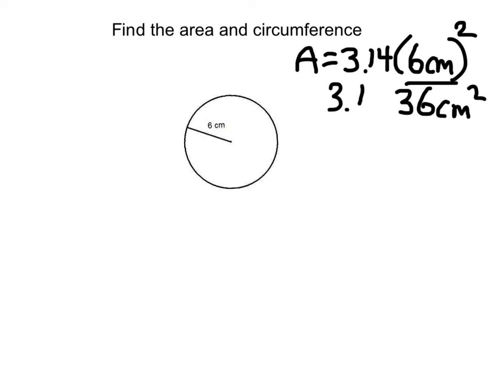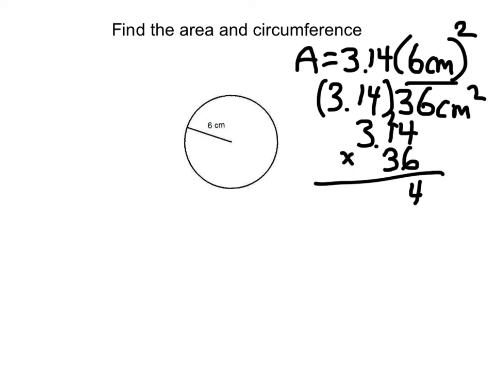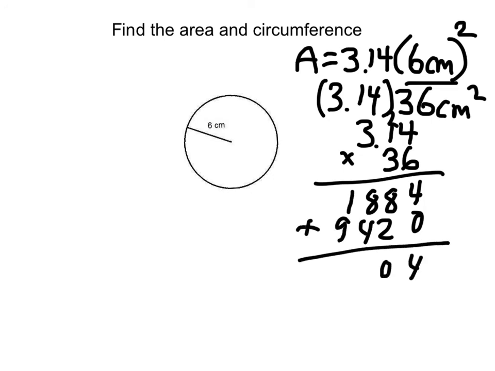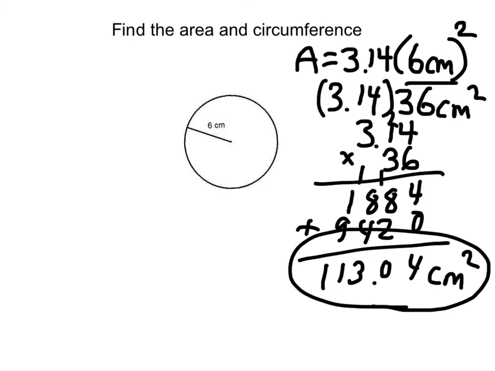And then we're going to multiply by 3.14. So 3.14 times 36. Okay, let's add up all our columns. 113.04 square centimeters. That's our area.